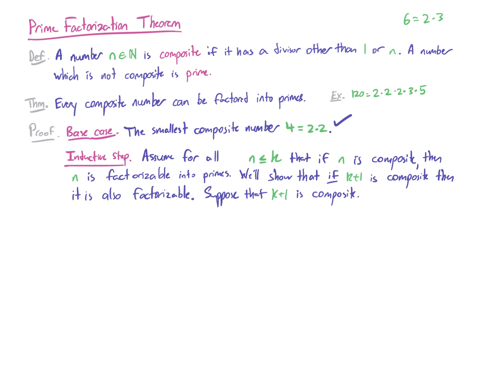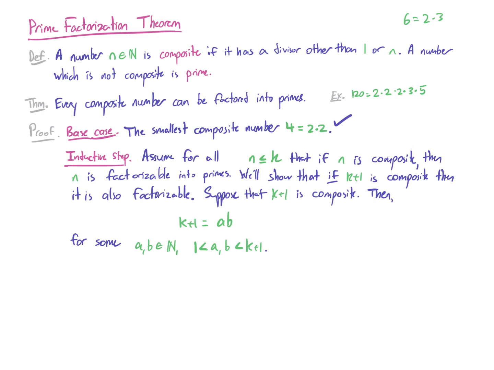So if we suppose that k plus 1 is composite, then by definition, we have k plus 1 equals a times b for some choice of a and b in N, with the property that 1 is strictly less than both a and b, and both a and b are also strictly less than k plus 1.